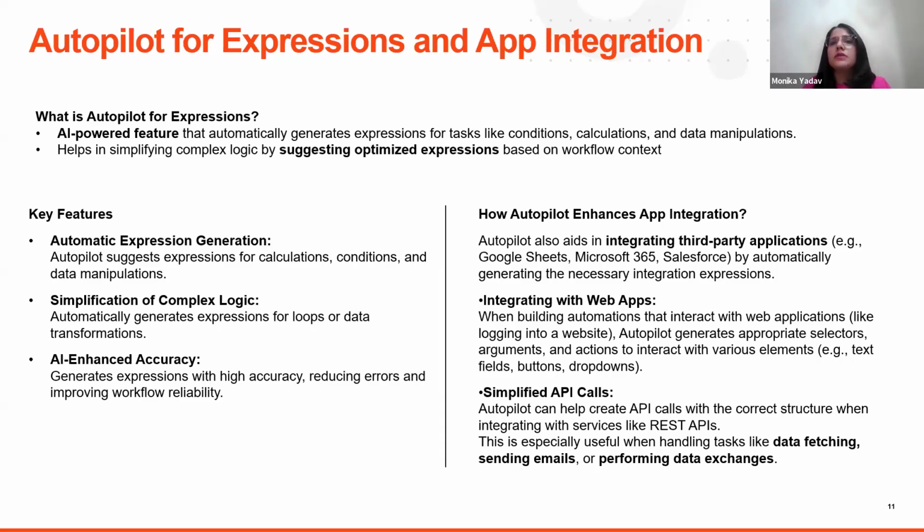And it can also generate expression filters for selecting records or parsing the responses. So this helps us eliminate the need to manually write the transformation logic when moving data from one platform to another. When we have to move the data, we don't have to implement complex logic. We can just simply give the prompt to Autopilot, and it will do the work for us.